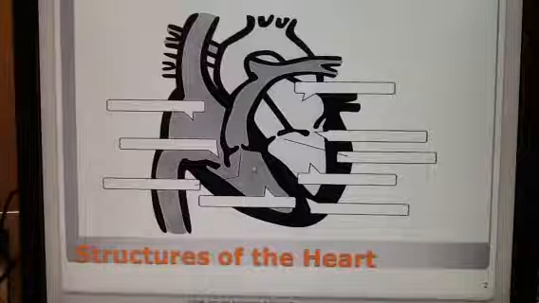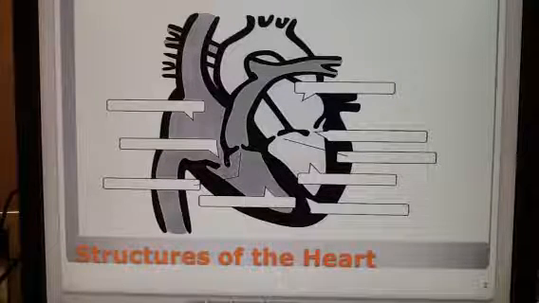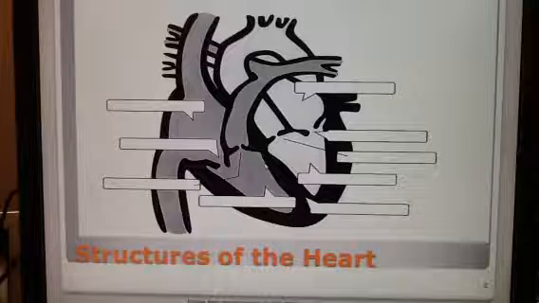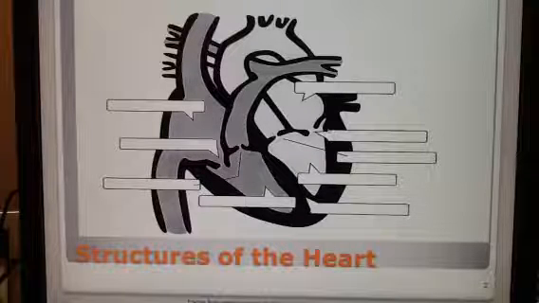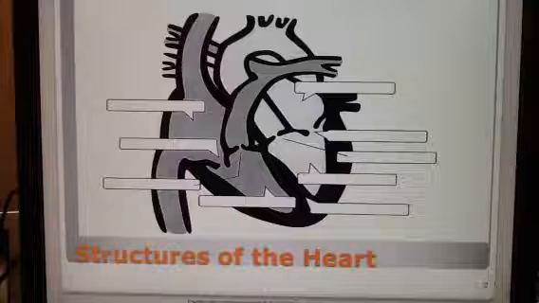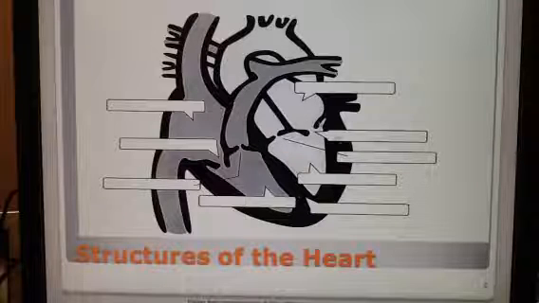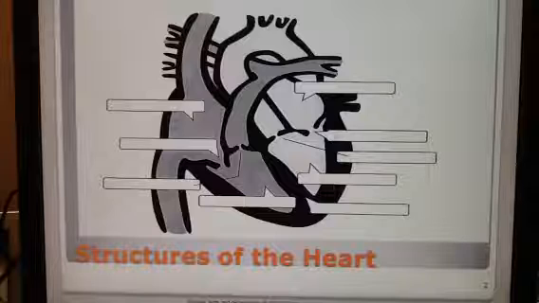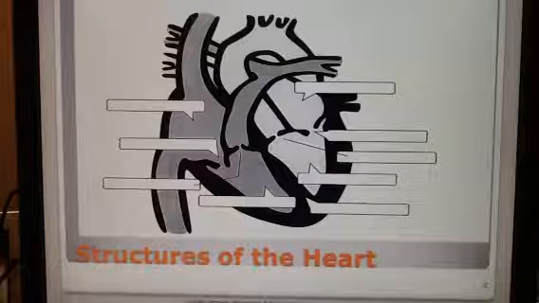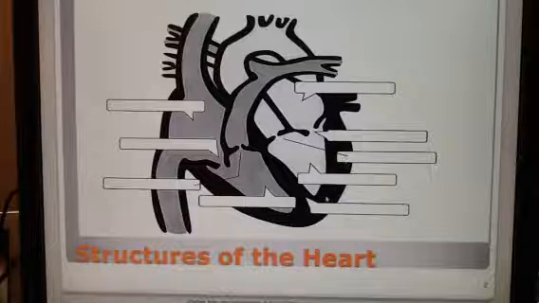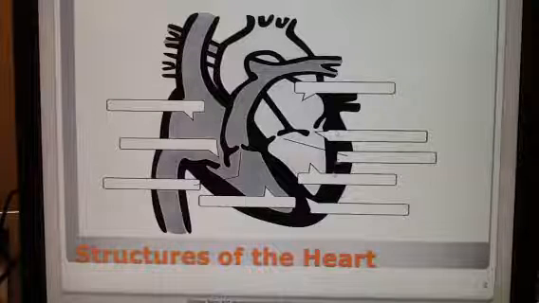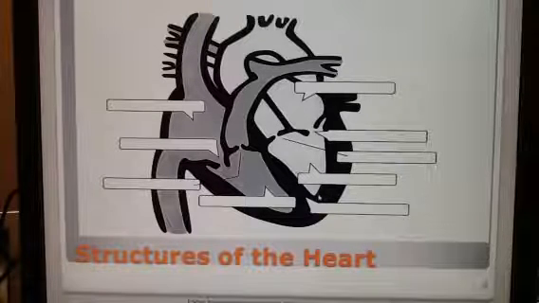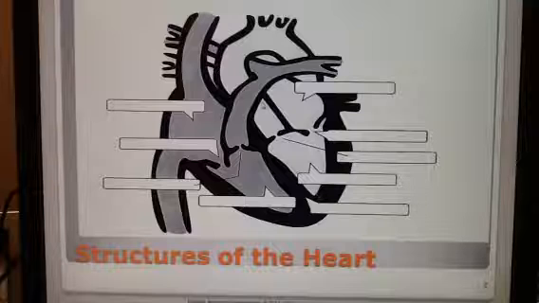Down on the bottom are the ventricles, and we have the right ventricle and the left ventricle there. The left ventricle has the largest muscle of the heart, and that's because it needs to push the blood all the way through to the body.